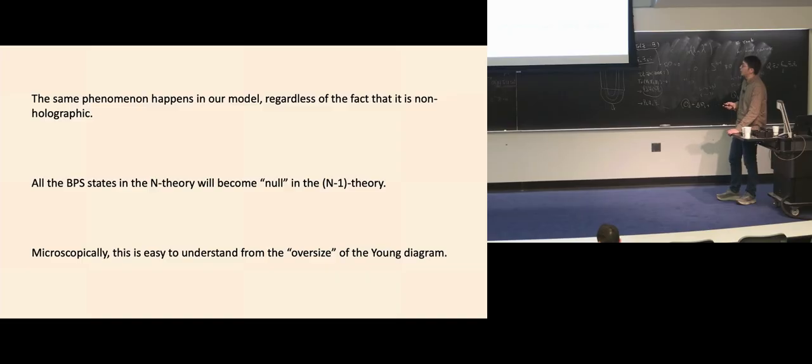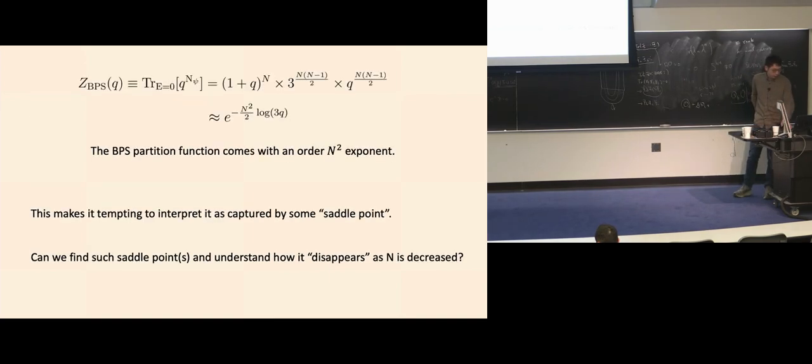All the BPS states in the N theory, as you can check, become null, or are no longer physical states in the N-1 theory. So it's very sensitive to what precise value of N is. Microscopically, I explained that this is easily understandable from the oversize of the Young diagram.